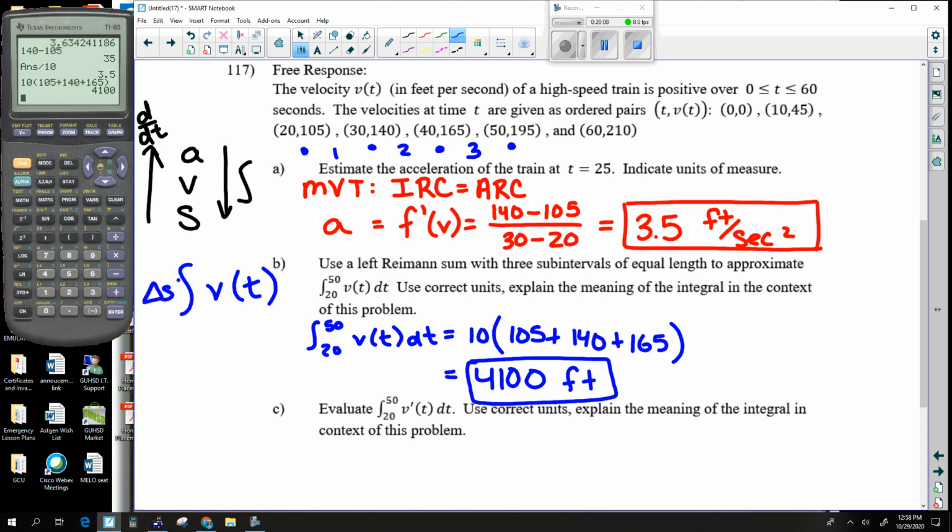Well, that is a net change in position from time 20 to 50. That's a net change in position.